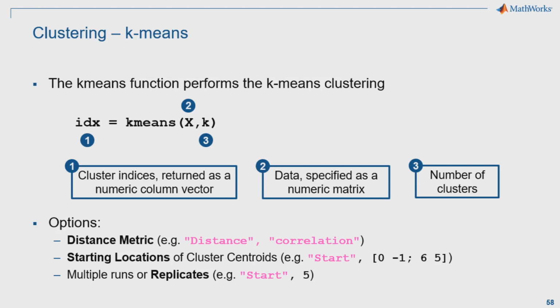So two important observations here for the k-means algorithm are the fact that it requires a number of clusters, so you should know the number of clusters that you want, or you should try to evaluate different numbers of clusters to achieve a good result. And also it works with numeric matrices.